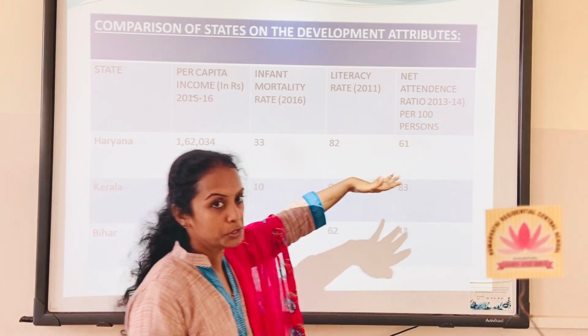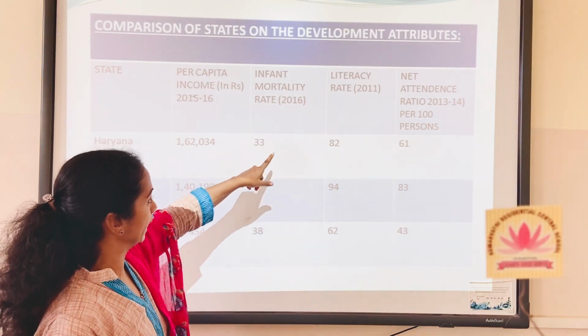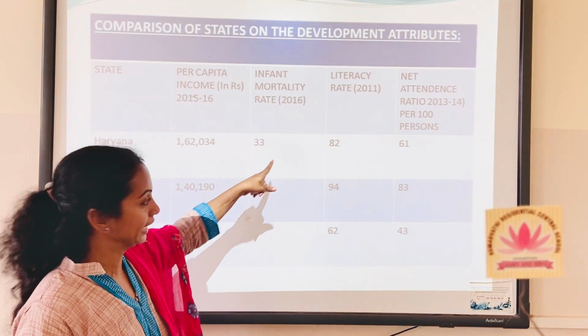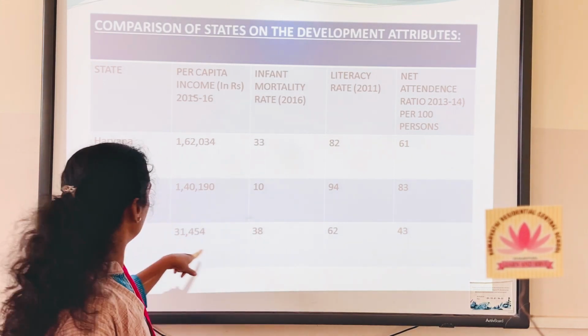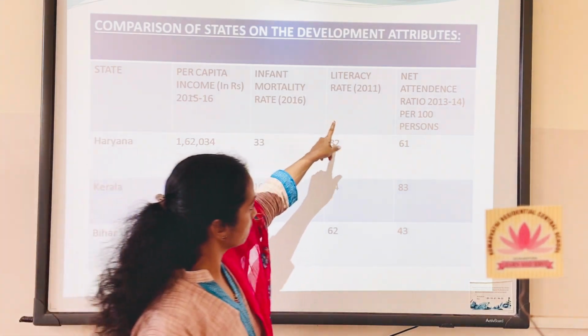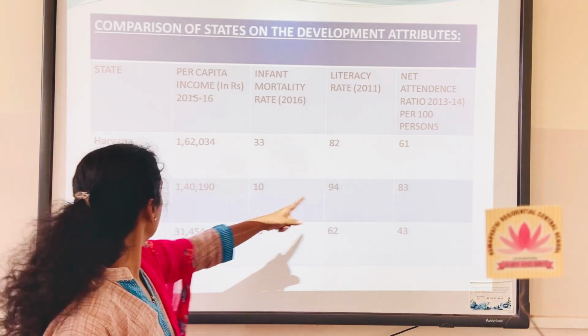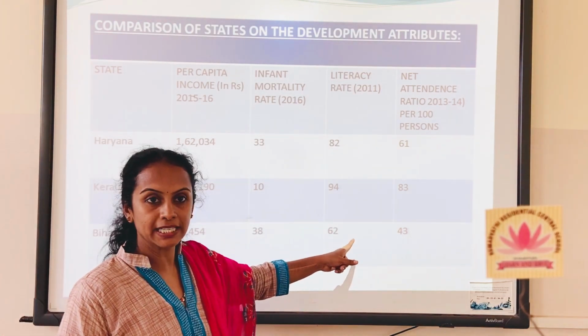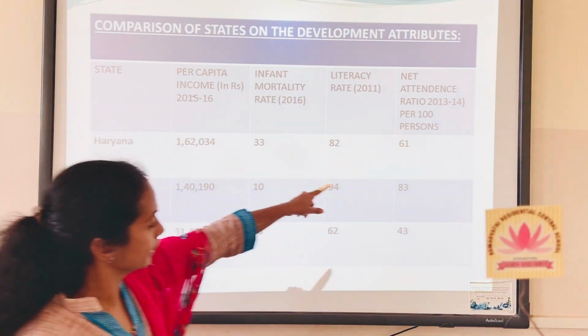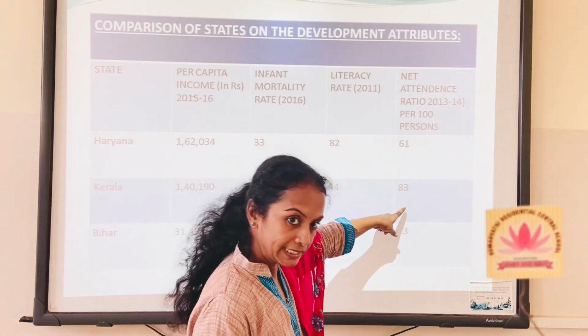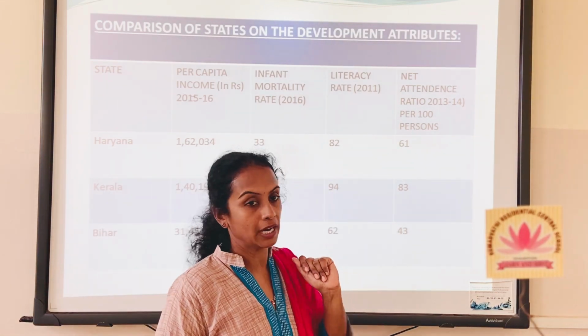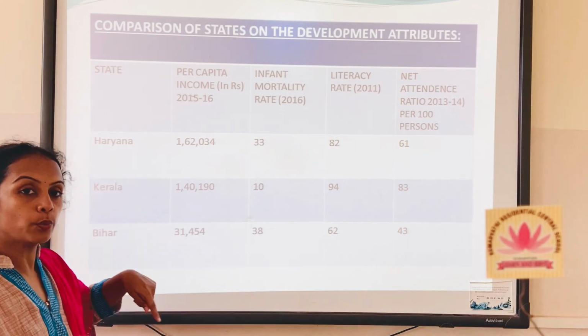And you check the other data. Infant mortality is 33 in Haryana, 10 in Kerala and 38 in Bihar. Literacy rate is 82 in Haryana, 94 in Kerala, and 62 in Bihar. Net attendance ratio is 61 in Haryana, 83 in Kerala and 43 in Bihar. Out of these three, which is the best?